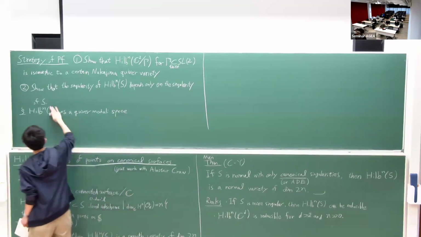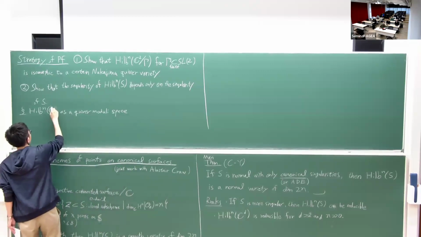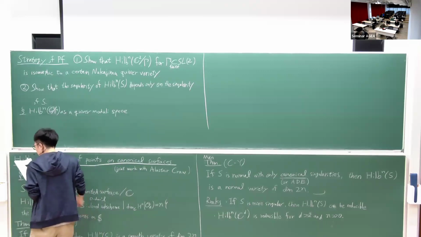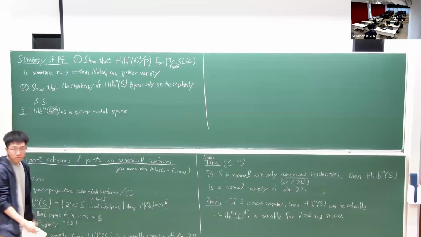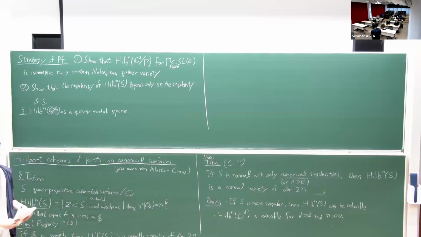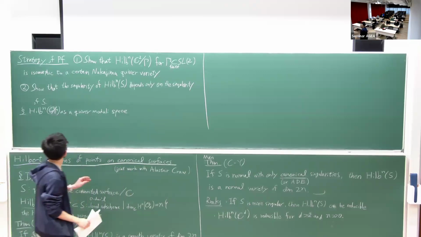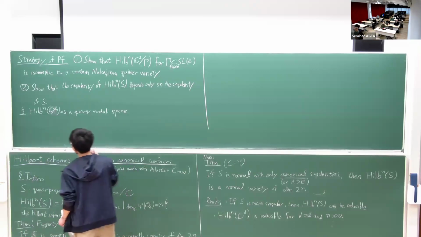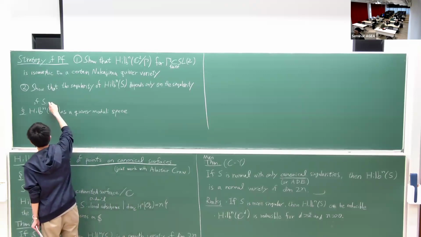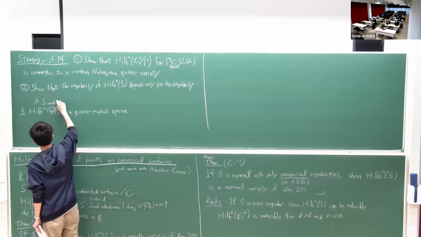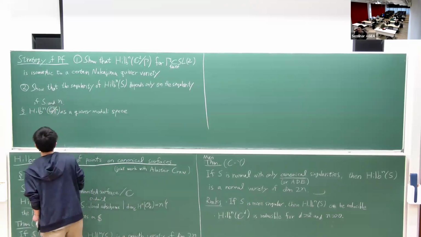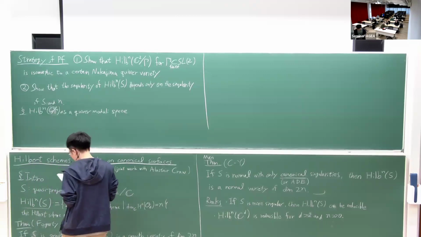Sorry, here we consider C2 mod gamma rather than a general surface. It depends on, of course, yes, more precisely, S and the number. Yes, sorry. Thank you for pointing out.